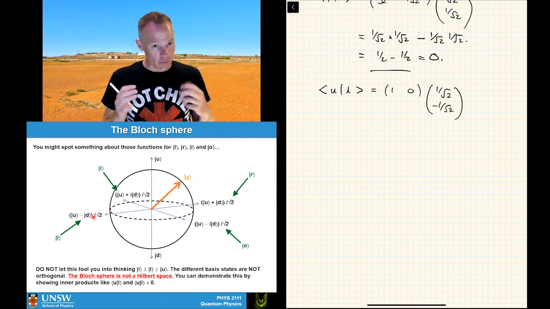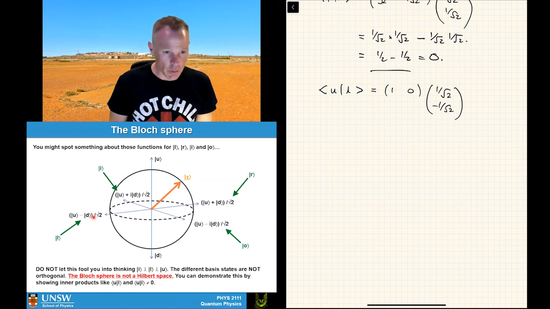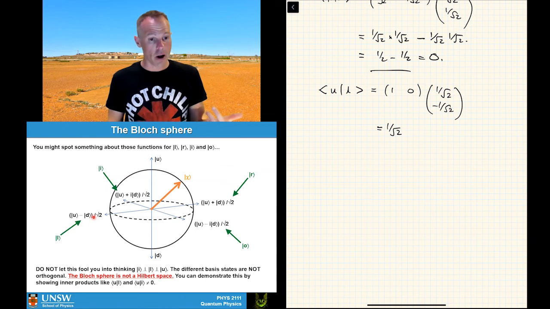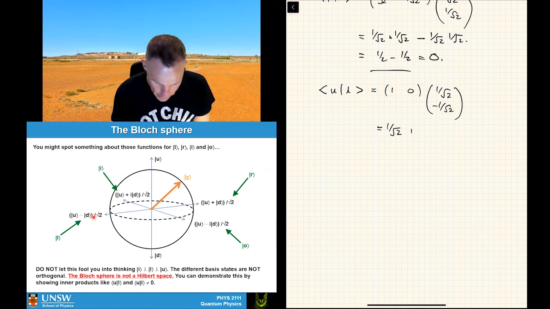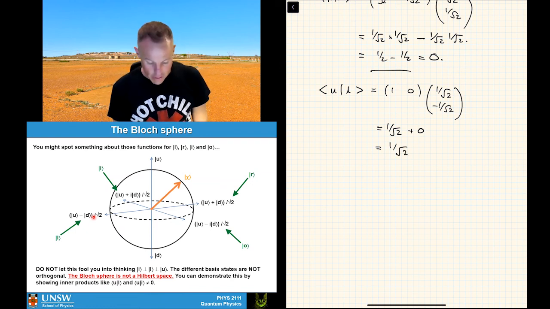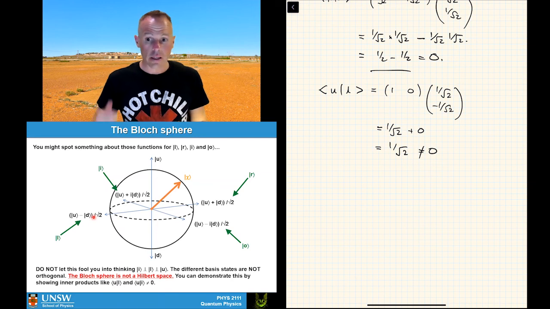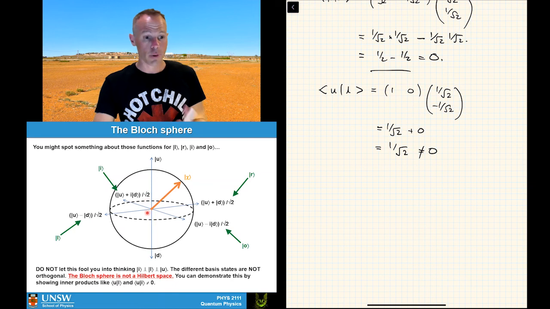And then we just multiply this out, right? So 1 times 1 over root 2 is 1 over root 2. 0 times minus 1 over root 2 is 0, plus 0. Add those two things together, we get 1 on root 2. Notably, we don't get 0. Okay, so up is not orthogonal to left like it looks in a Bloch sphere.